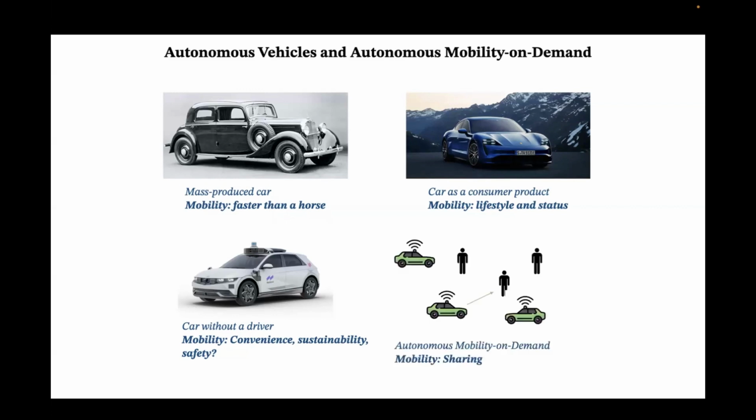And the particular technology we're talking about today is not necessarily autonomous vehicles per se, but autonomous mobility on demand. So fleets of autonomous vehicles that are centrally controlled to serve multiple demands.